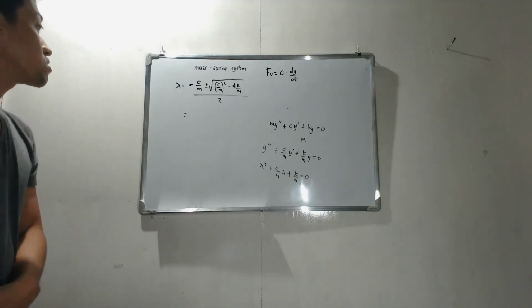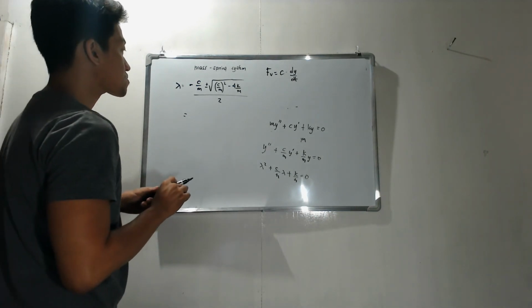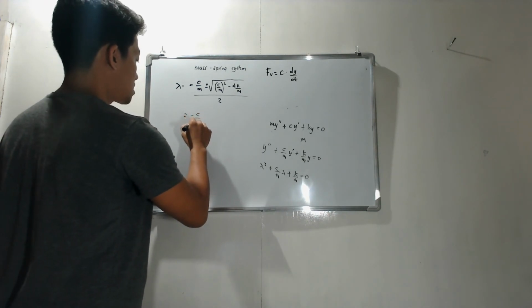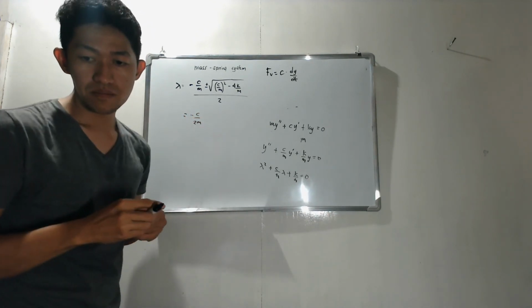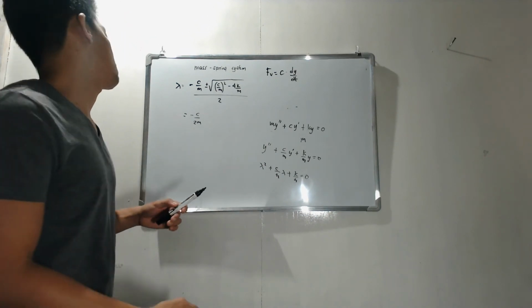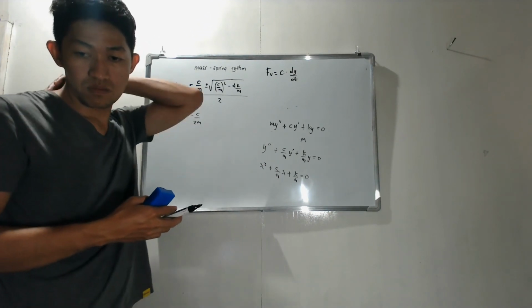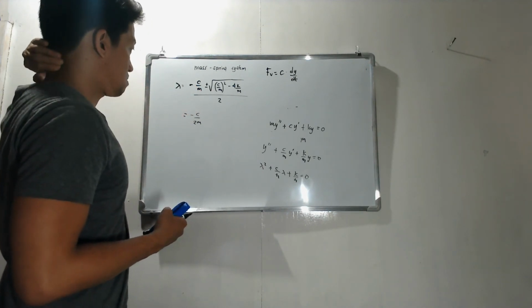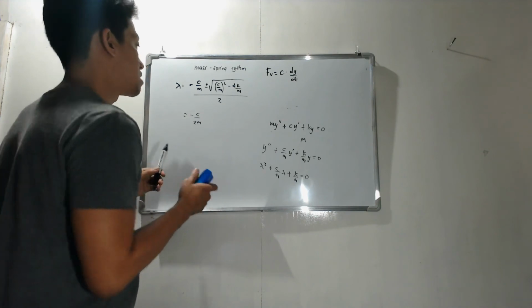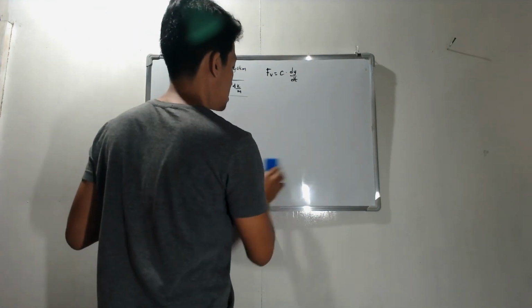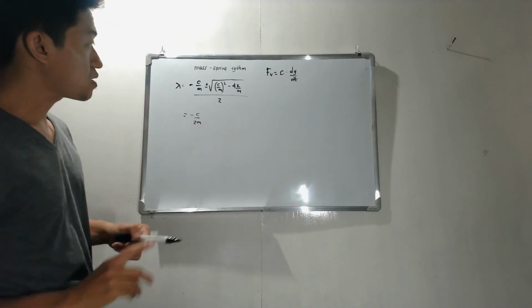What would happen to this one? You have negative c over 2m. Now we will simplify this.